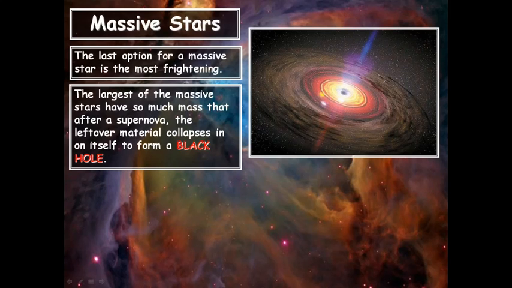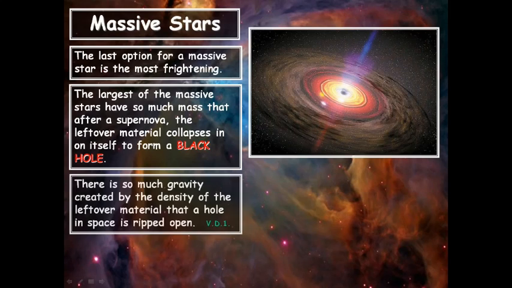So with the black hole, you have even more gravity. When it collapses, it has so much gravity that they say light cannot escape. That's why it's black at the center. And basically the way they can tell it is because of the light that's not there.